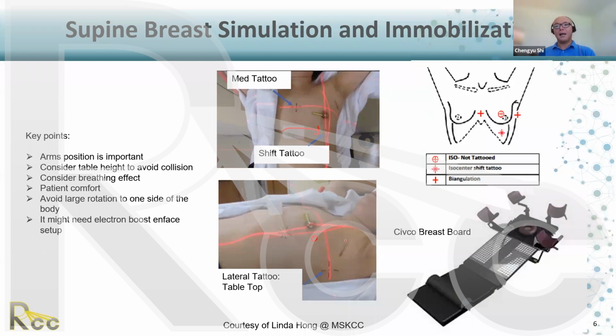VMAT, as you know, is intensely modulated, so it requires high accuracy, and if you miss one part, you miss the other parts also. So a good plan quality doesn't mean you get a good plan treatment, and that's my opinion. We will continue to discuss this later on, and I have examples, okay?